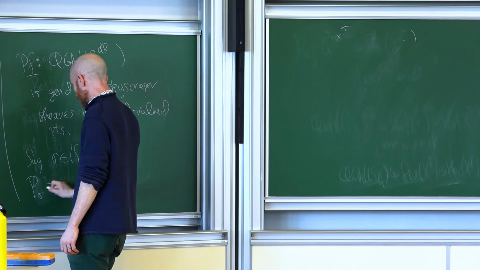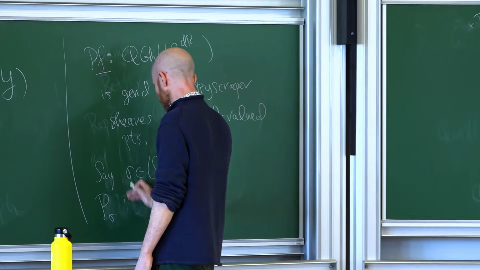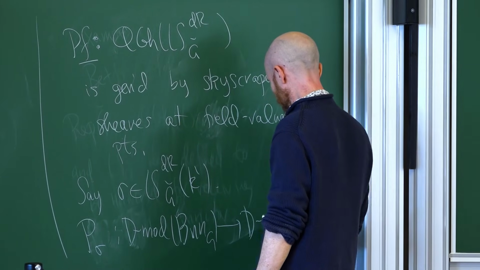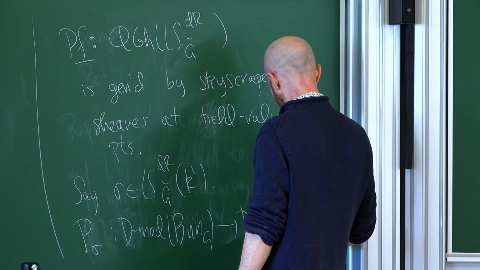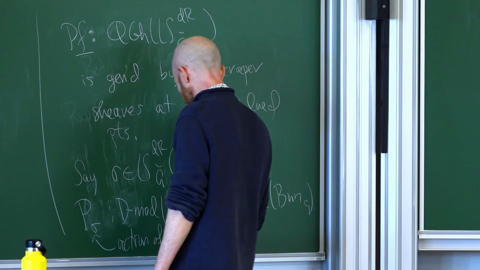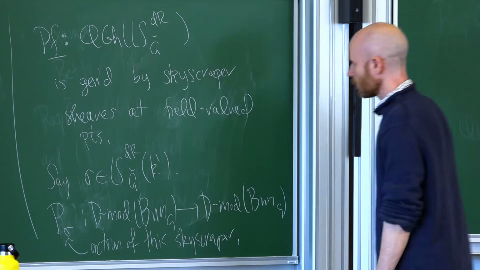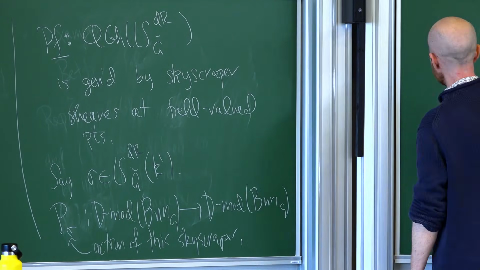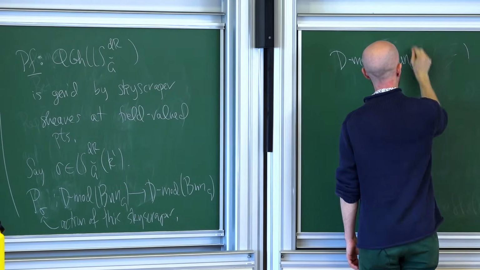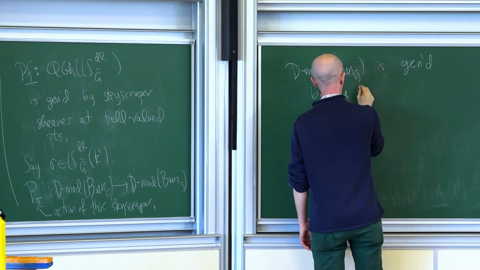So I write p sigma for the Hecke operator, which is the action of the skyscraper sheaf. So because this category is generated by skyscraper sheaves, d mod of Bun-G is generated by the images of all p sigmas.